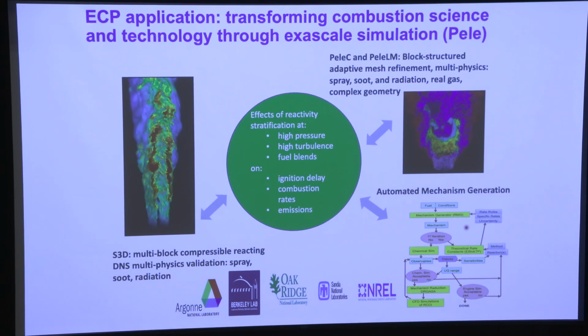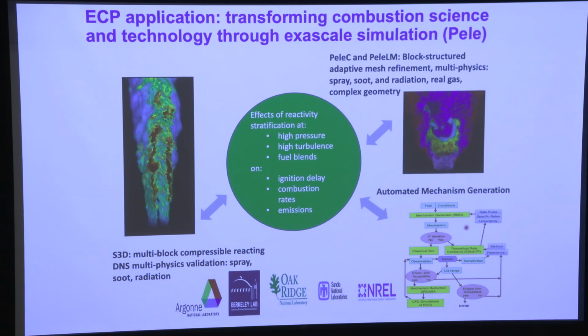We also teamed with folks at Argonne National Laboratory, where they have a very strong chemistry group, and they developed theoretical tools that would allow us to get automated mechanism generation.